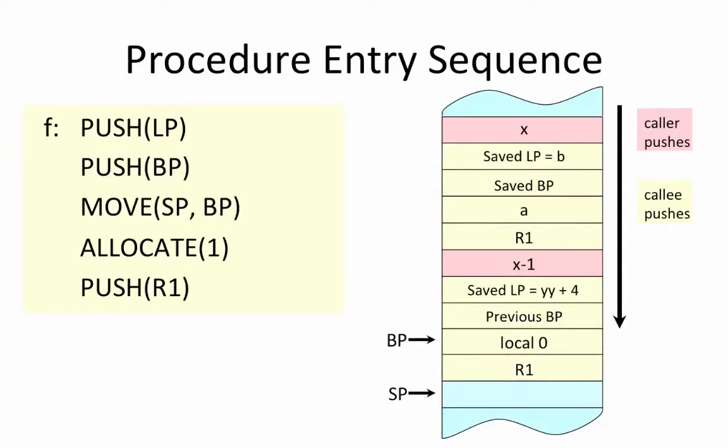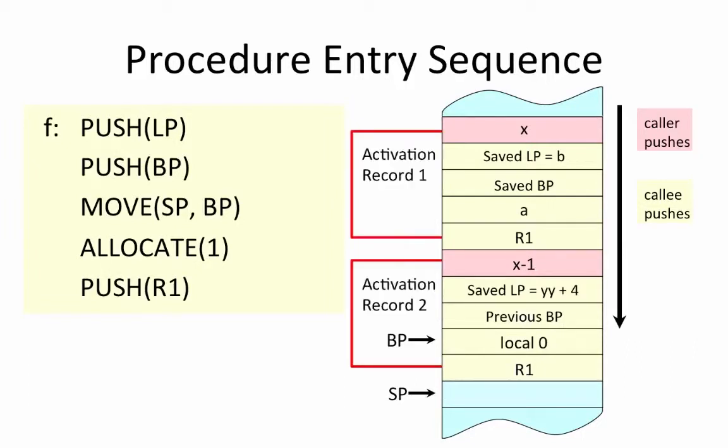Note that this time, the saved LP is YY plus 4 because that is our return address for the recursive procedure call. The previous BP points to where the BP was pointing to in the original call to F. Another term for this group of stack elements is an activation record. In this example, each activation record consists of 5 elements.